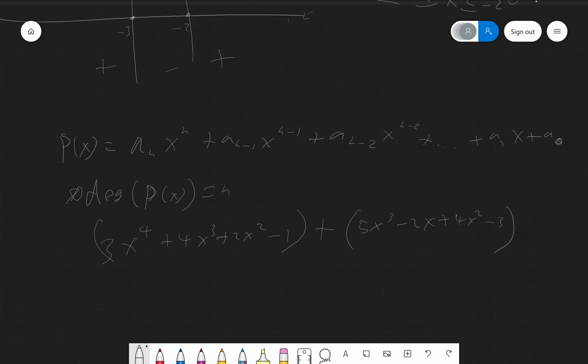The first step when you have something like this is to put this in ascending or descending order. So first we flip these two. So we get 4x squared minus 2x.